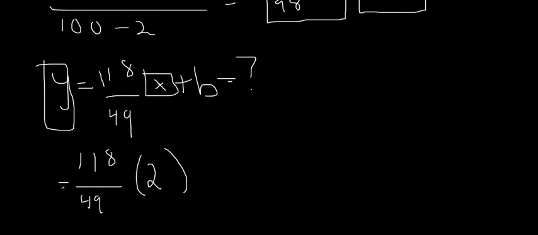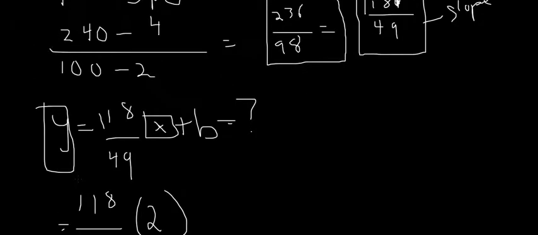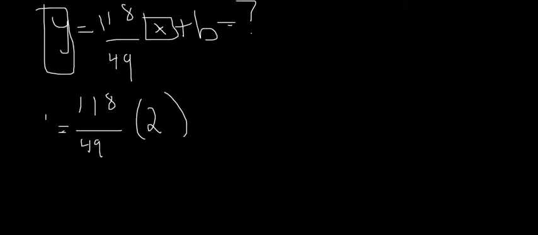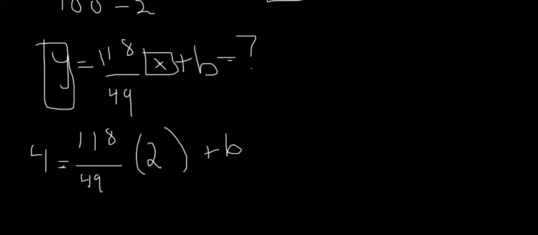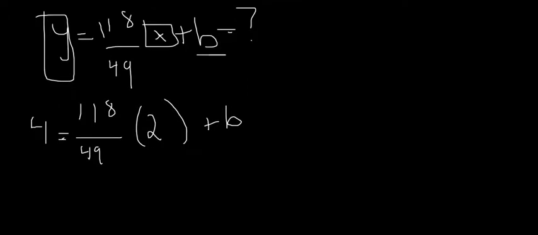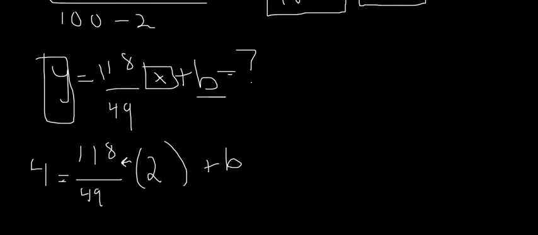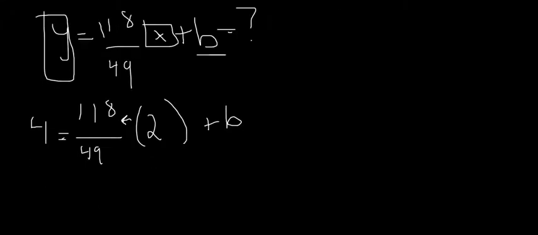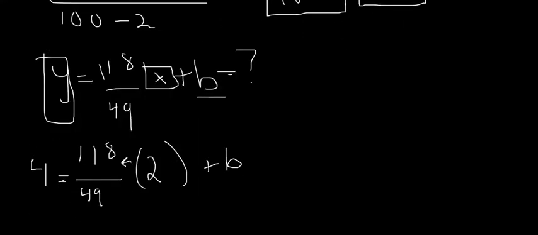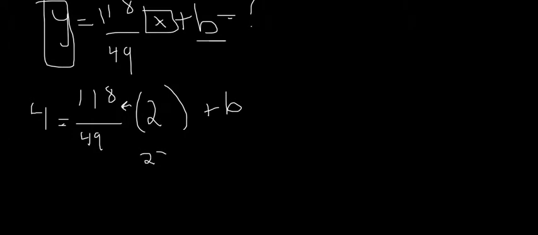That will be equal to y, which equals 4, plus b, because we don't know b yet. b could be anything, right? So if you multiply that by 2, it's going to be 236 over 49, plus b equals 4.